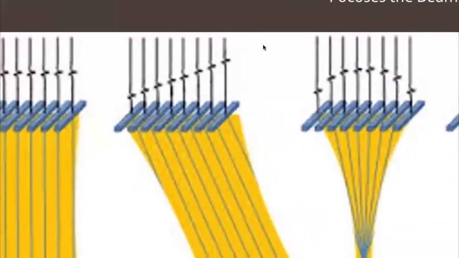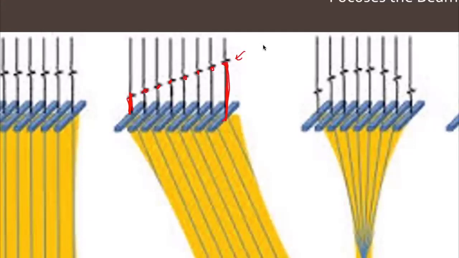So here are the PZTs, the blue PZTs, and you can see that these electrical spikes are going to reach the PZTs at various times, right? Obviously because this one's the closest, the electrical spike is going to get to the PZT the fastest, and because this one on the end is further away, it's going to take the longest amount of time to travel down the wire and vibrate the PZT.